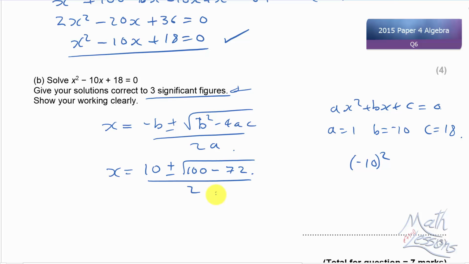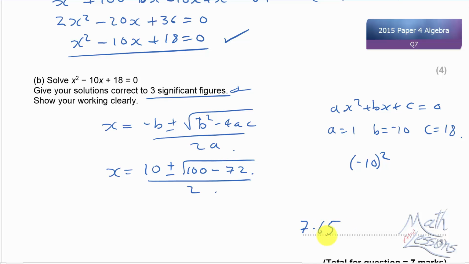And then you just type that into your calculator. Now your calculator, when you do the plus one, will give you 5 plus root 7. Make sure you convert that into decimals and you get 7.645. Now you want the 3 significant figures. Well, there's the third figure. The next one up is 5, so we're going to round this up to 7.65.